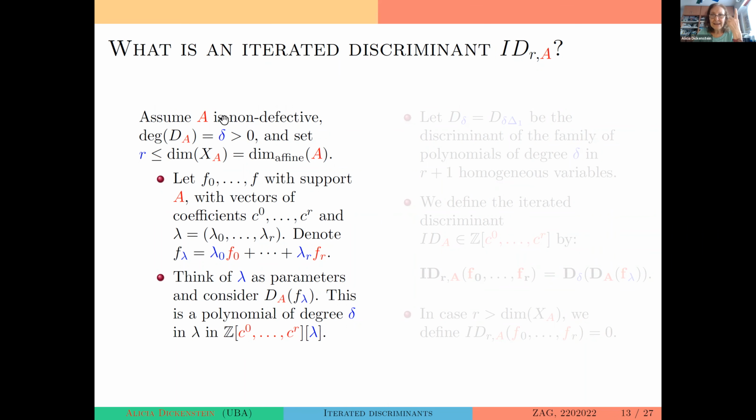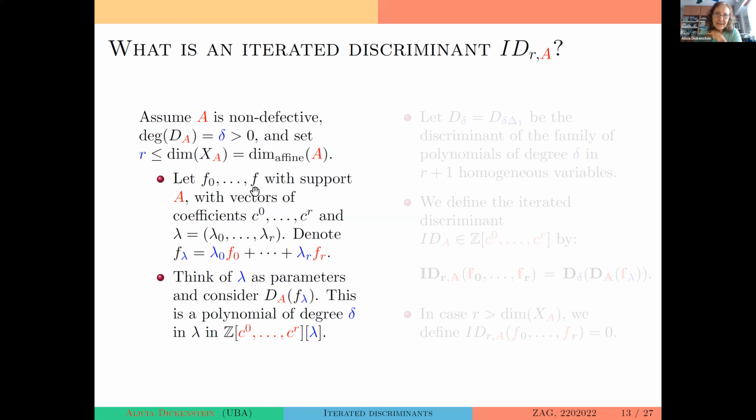And then, for r to give a non-trivial answer, we need r to be at most the dimension of this projective variety X_A, which equals the affine dimension of A. So we take the convex hull of A and consider its dimension. It's not the linear dimension, it's the affine dimension.